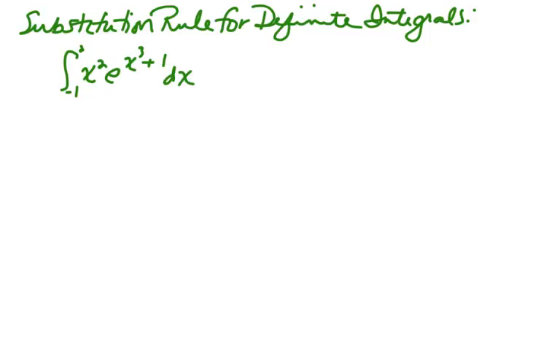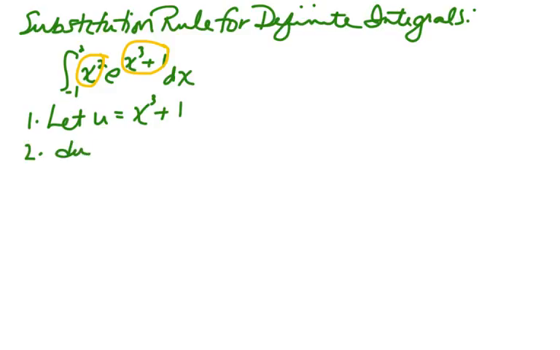So looking at this, hopefully you see that this term has the third power and this term has the second power. So let u equal the exponent in this case. So let u equal x cubed plus 1. Take the derivative.